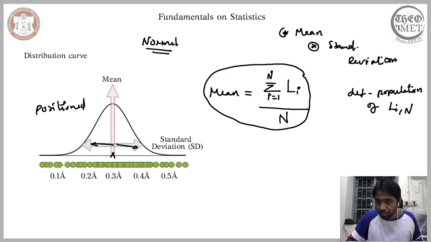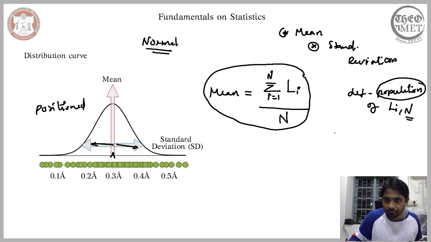So we have summed up all the individual lattice parameters and divided it by n. The population size here is n, and each of the points in the population represents a lattice parameter. So essentially we get this mean from the population, and therefore it is often referred to as the population mean.